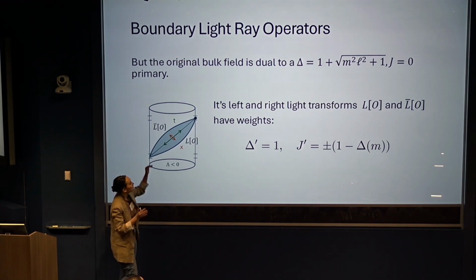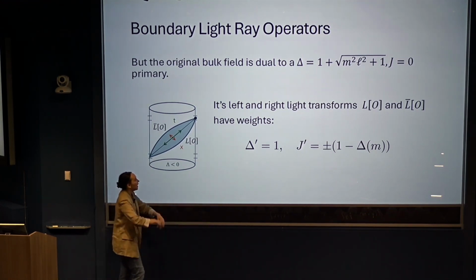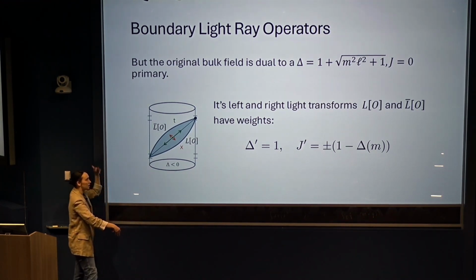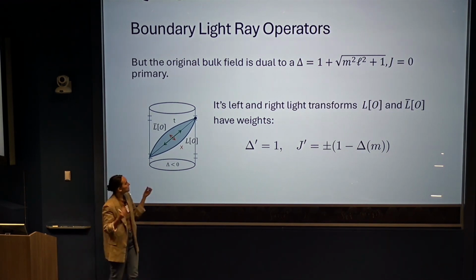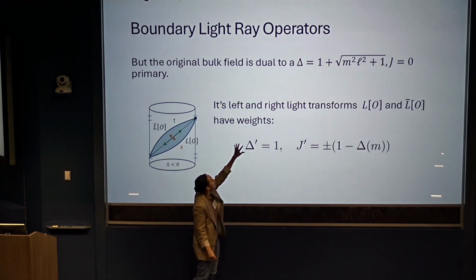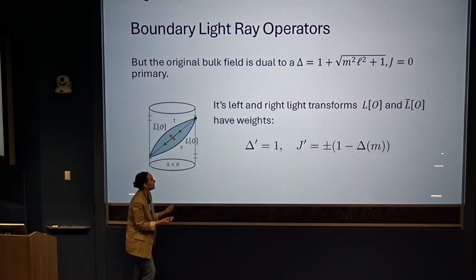The first thing I should point out, though, is that once I see those values of the dimension, I already have a green flag, because it reminds me of something I know from the 2D CFT, and that's exactly the spectrum I would have for my light transforms.